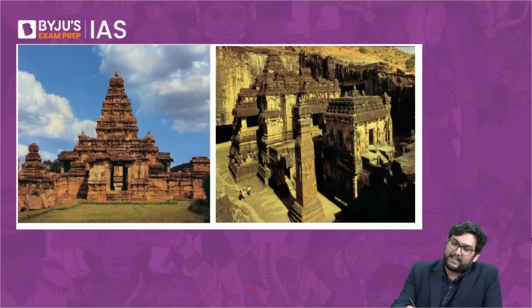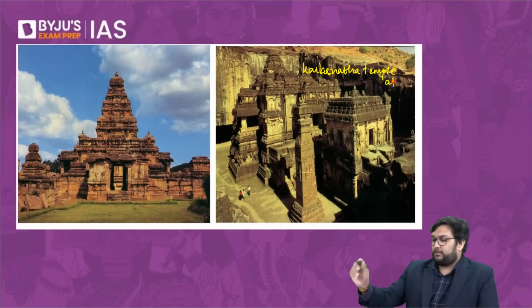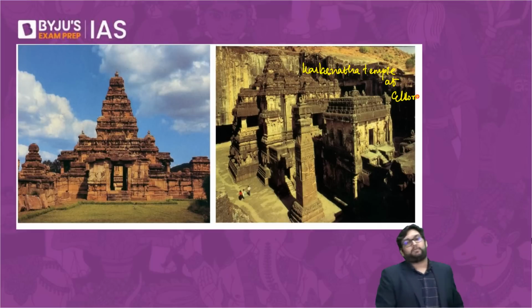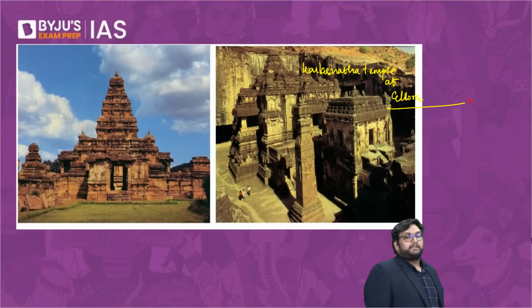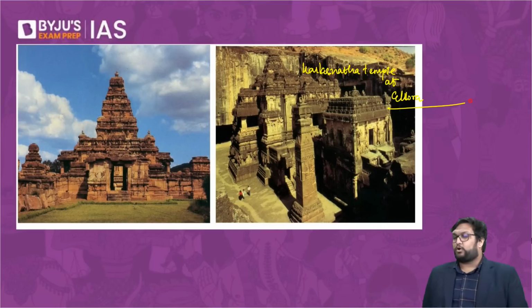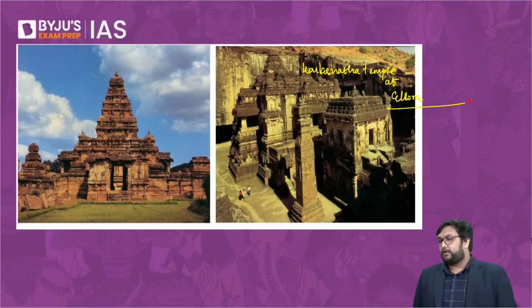A very good example of this is the Kailash Natha temple at Ellora. It is a temple of Lord Shiva, and this has been carved out of a whole mountain itself.